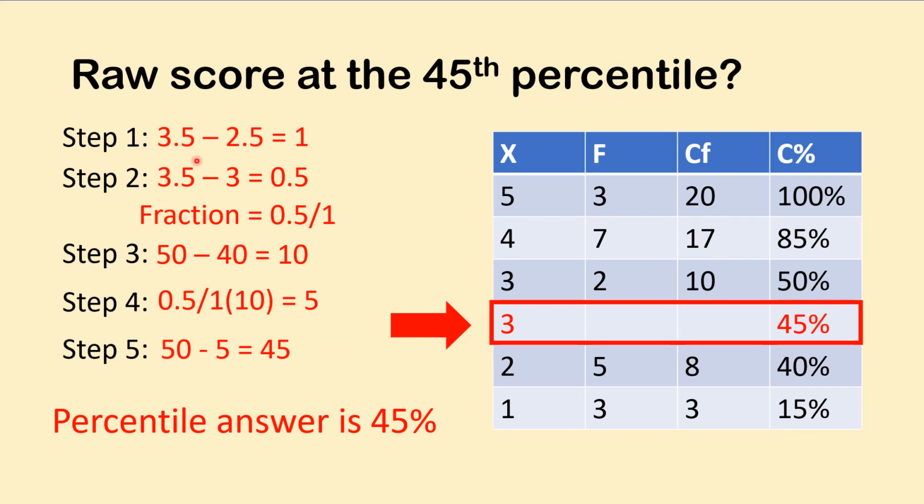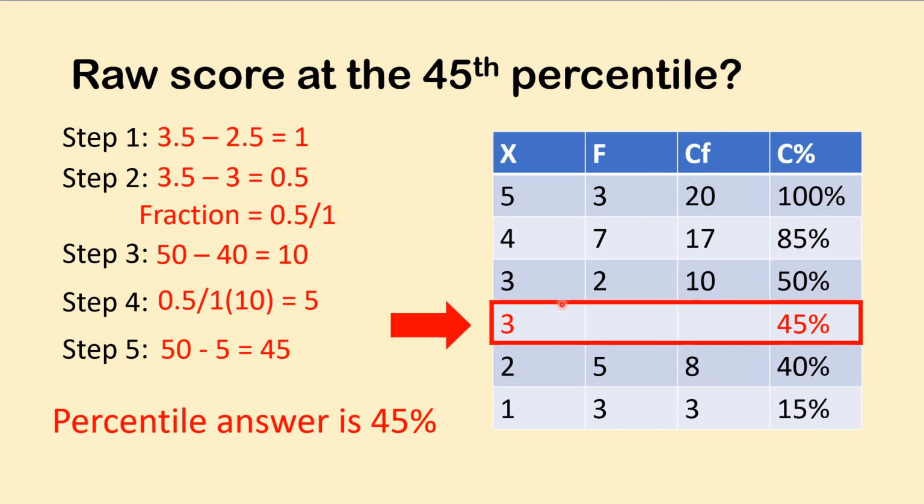The first step, because we're working with the raw scores on this side, is to always keep in mind those real limits. Here we have an answer of 3, but the idea is we can use 3.5 minus 2.5 to get 1. Subtract 3 from 3.5, that upper limit, to get 0.5, and now we have our fraction.